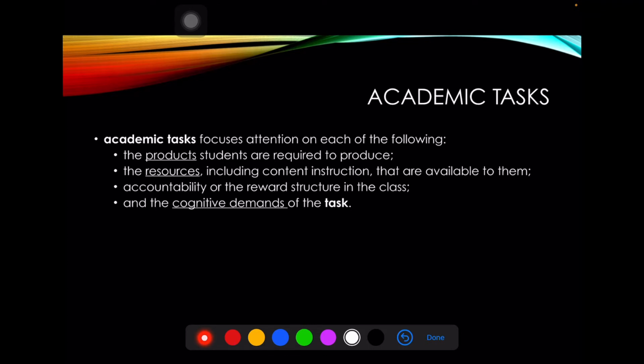Academic task actually focuses on the following. Number one, the product students are required to produce: essays, poems, audio recordings, videos, animation, for example, or PowerPoint slides or keynote. It could be anything. And then the resources, including content and instruction that are available to them.